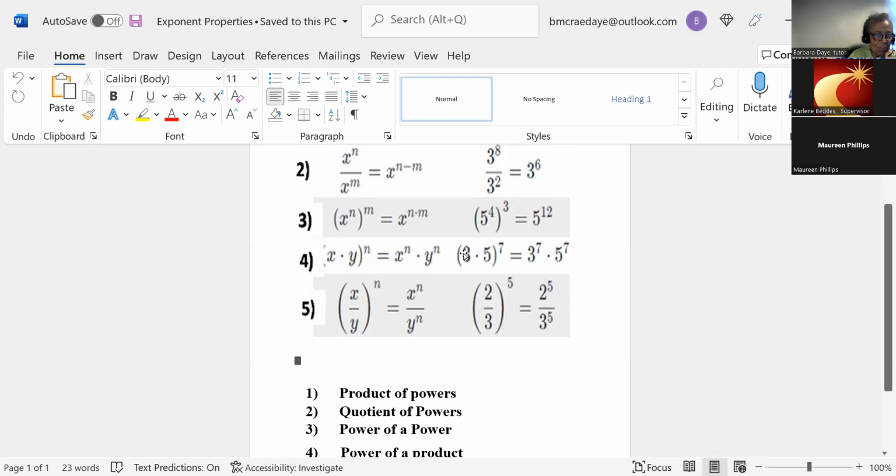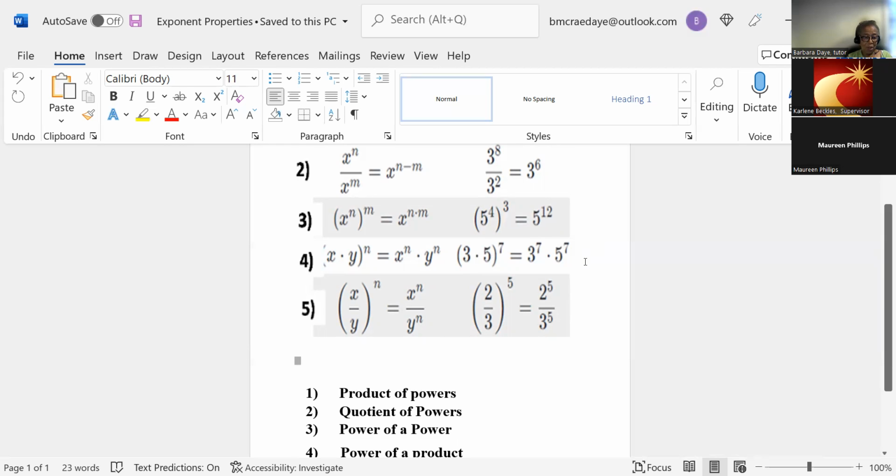Now, putting the numbers in, 3 times 5 raised to the 7th power is the same as taking just the 3 raised to the 7 and multiplied by the 5 to the 7th, right? Maureen, you could also say 3 times 5, 15, and then raise 15 to the 7th. They would give you the same answer.